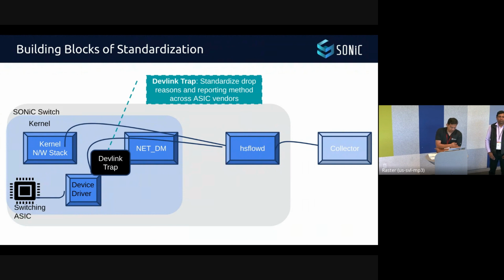So today, when a switch drops the packet in the data plane, there are different proprietary ways the ASIC informs its device driver. So that doesn't change. It can all be proprietary, but then the device drivers follow the devlink trap mechanism so that they can normalize the drop reasons, standardize it across ASIC vendors. That's the purpose of devlink trap. It standardizes the drop reasons and the way the drop reasons are communicated to the higher layer.